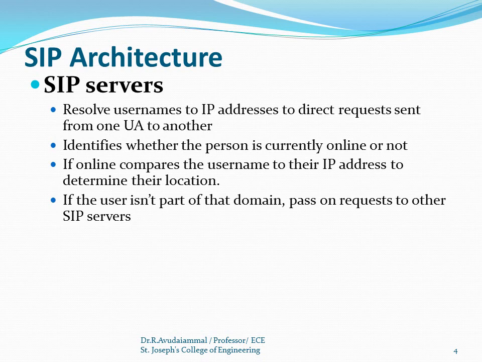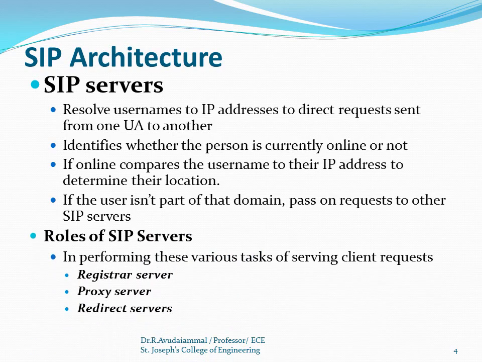They resolve the usernames to an IP address and direct the request sent from one user agent to another, and identify whether the person is currently online or not. If they are online, it compares their username to their IP address to determine their location. If they are not, they pass on the request to other SIP servers.